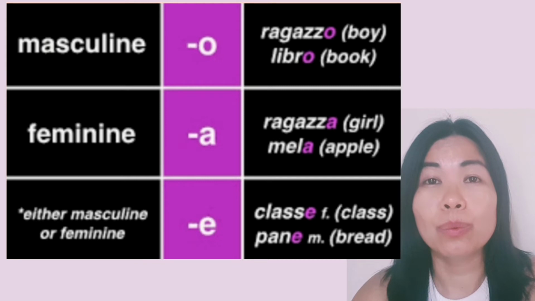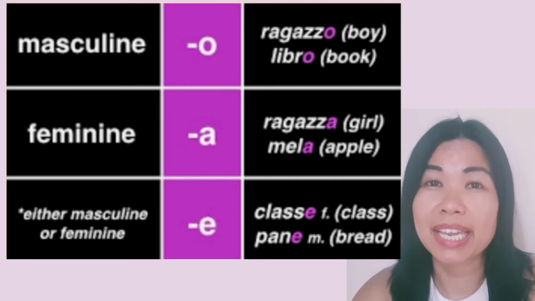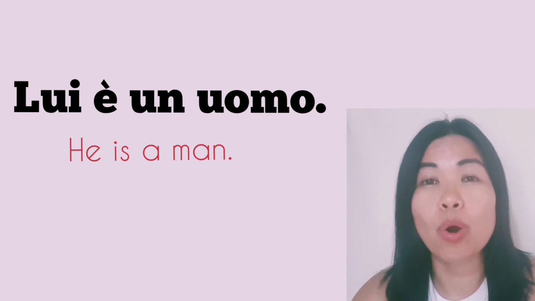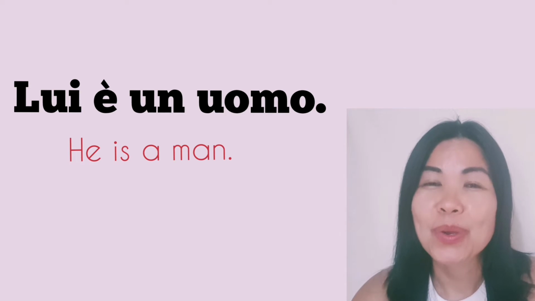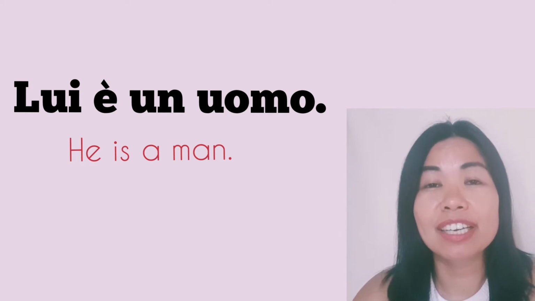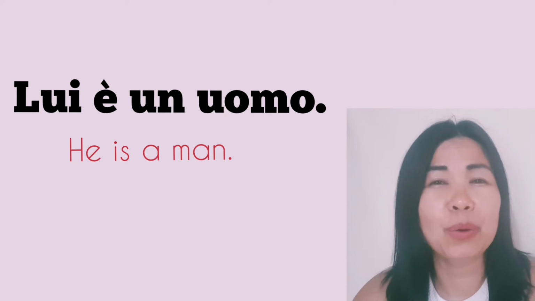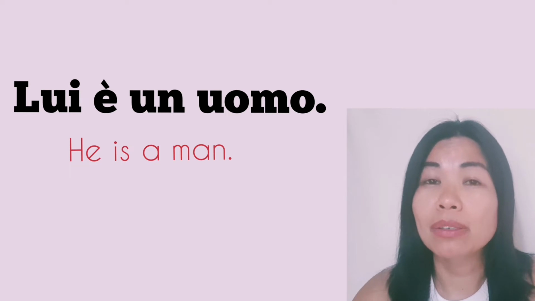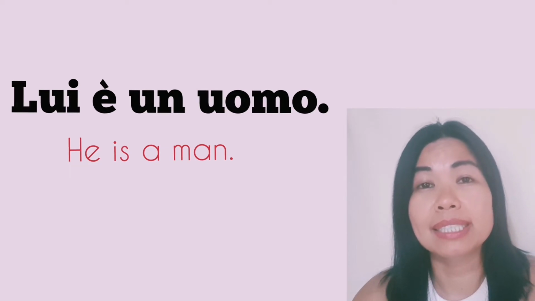Like what I said before, lui è un uomo. Lui is he, uomo is man. Un is the indefinite masculine article. Anyway, don't bother about this. I will teach you in my next video about the indefinite and the definite articles.